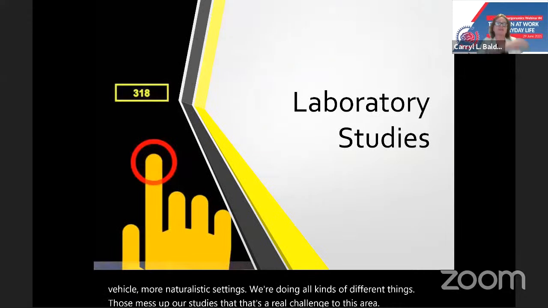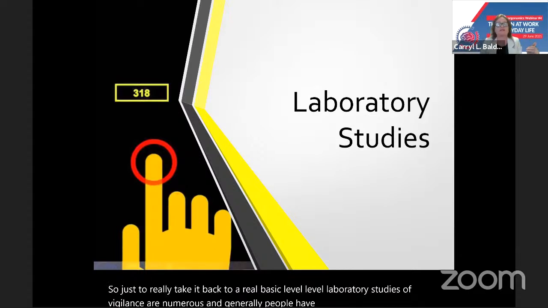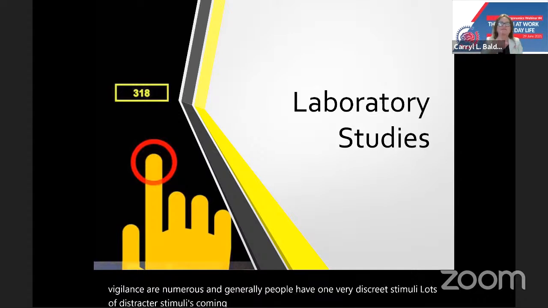So just to really take it back to a real basic level, laboratory studies of vigilance are numerous, and generally people have one very discrete stimulus. Lots of distractor stimuli are coming, but rarely they'll get some critical signal that they're supposed to respond to as quickly as possible.